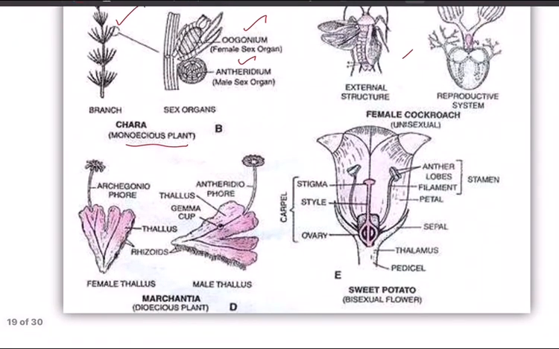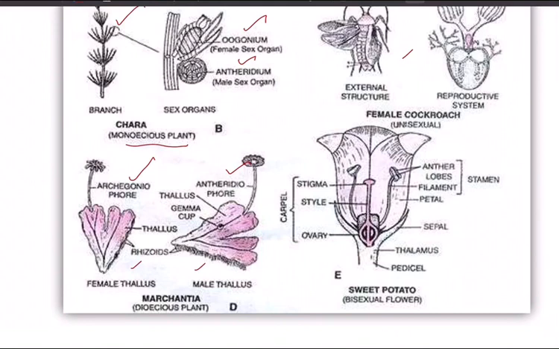Next, we also see in Marchantia, another plant, where it is a dioecious plant. That is, there will be male thallus and female thallus. Male thallus will be having antheridiophore, whereas the female thallus will be having archegoniophore. So, archegonia, antheridia, male and female reproductive organs.